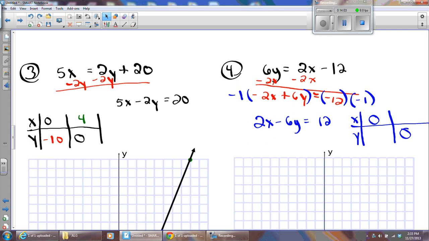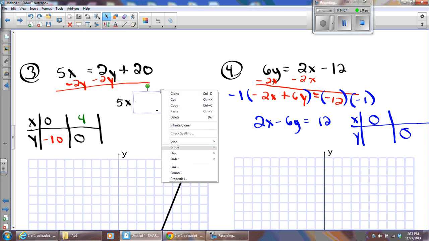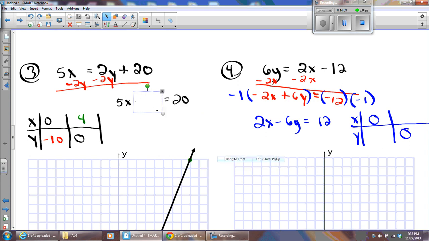So when x is 0, y will be negative 2, right? Because 12 divided by negative 6. And then I'll need to find out when y is 0. Looks like x is going to be 6. 2x equals 12 means x is 6.